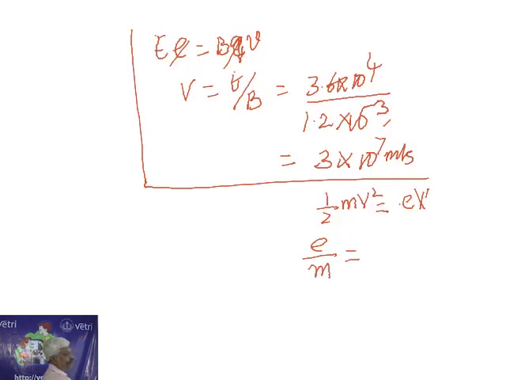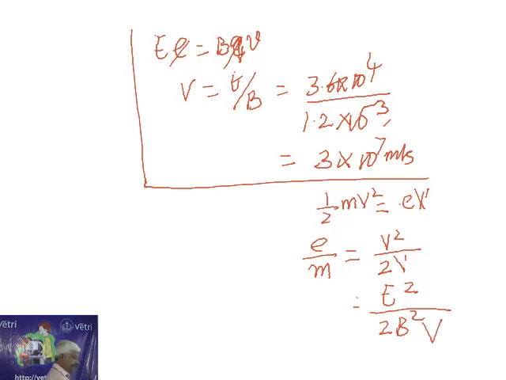So m goes there: e by m is v squared by 2V. V is the potential, but v is nothing but E by B. Therefore, e by m equals E squared by 2B squared V. So this is the formula you can make. You have to keep your mind in order to solve the problem, within the given parameters; that is an important thing.